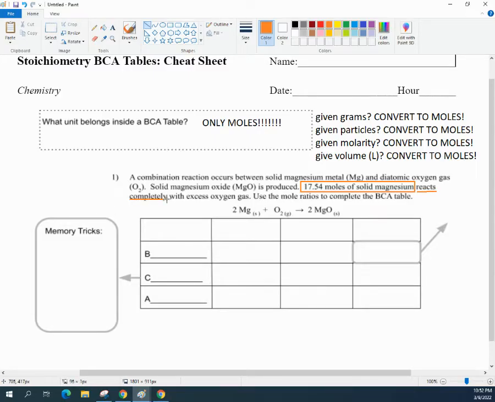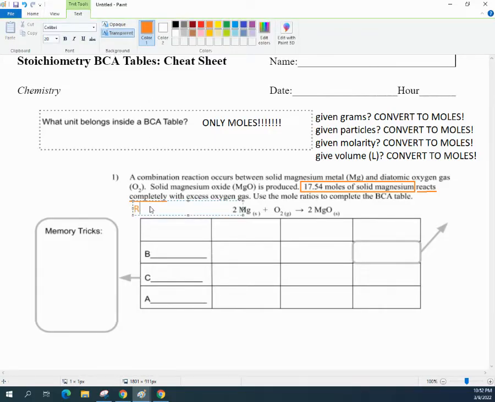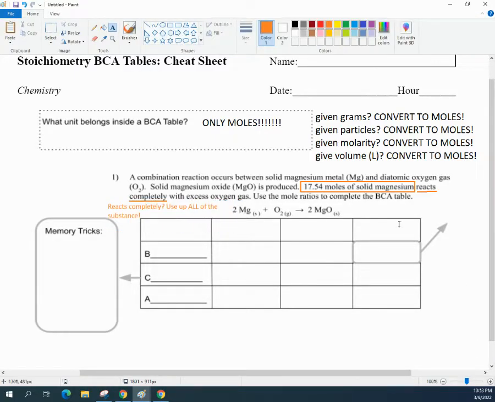What this means is that when something reacts completely, that means that we are going to use up all of that solid magnesium. So keyword number one, if we see reacts completely, that means we are using up all of the substance.